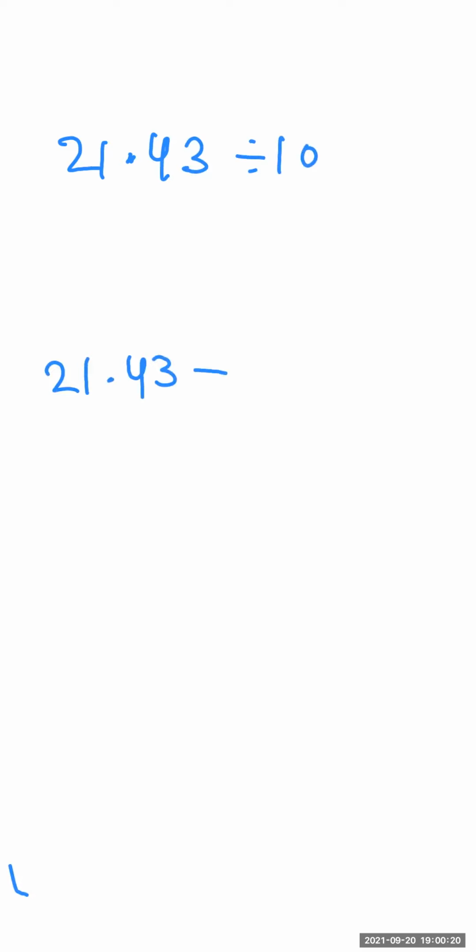Let's solve one more example, guys. If it's a number like 21.43, I want to divide this one by 10, and also the same number divided by 100, and also the same divided by 1000.